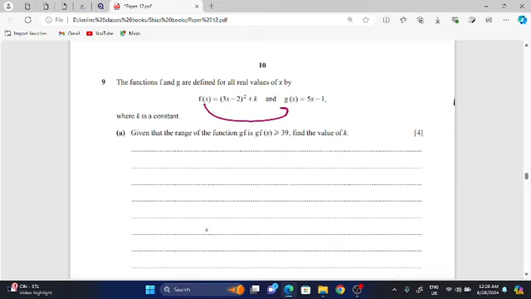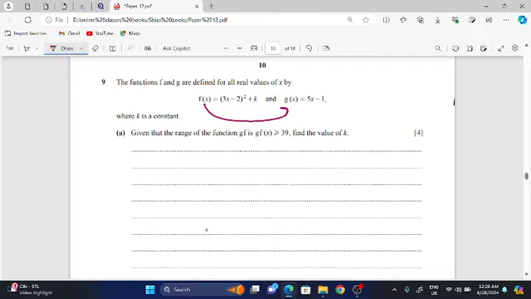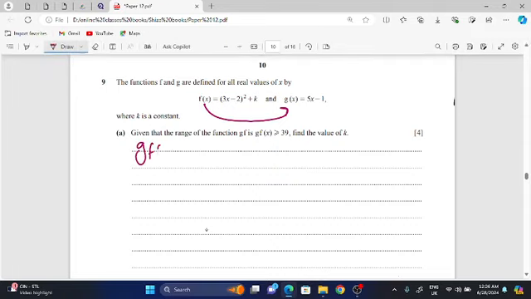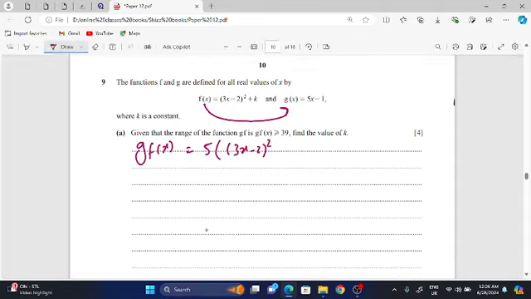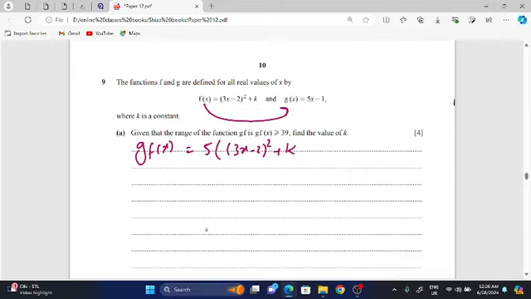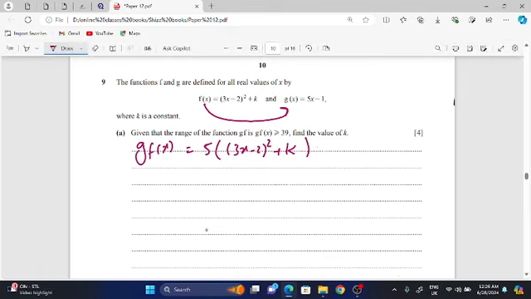So first of all, I need to find the expression for the composition g of f of x. That is 5 times, I need to put f into g, so 5 times (3x - 2) whole square plus k, minus 1.